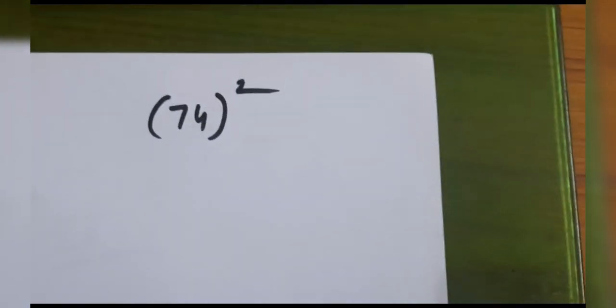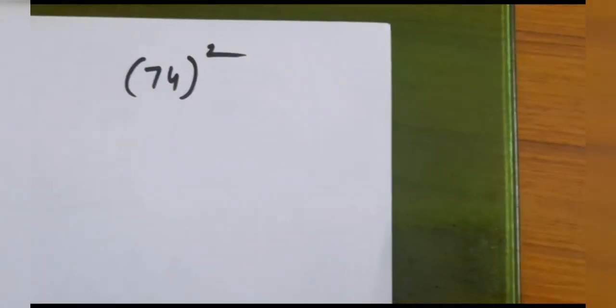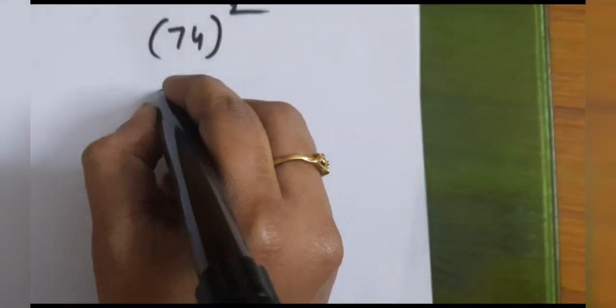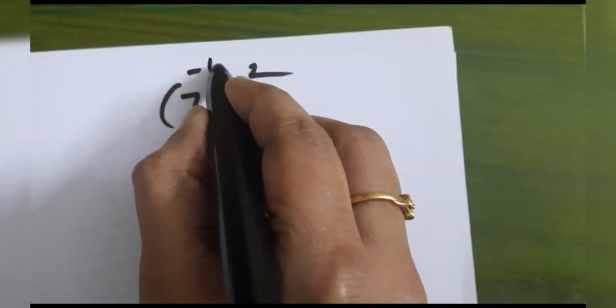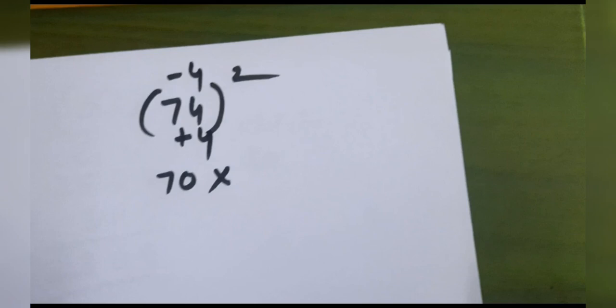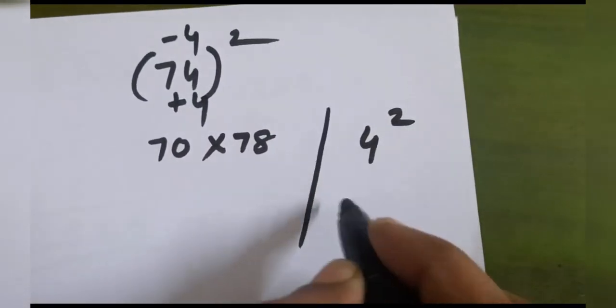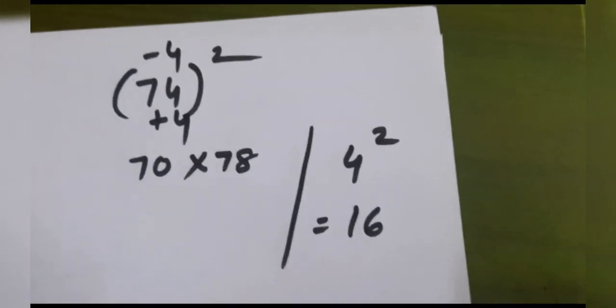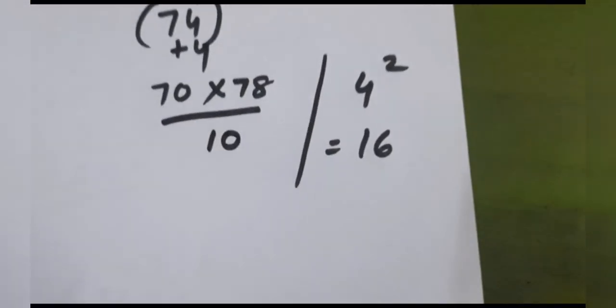So let's see an example of solving a 2-digit number with the same concept. 74. The nearest I can take is 70. To get 70, I have to minus 4. So now you have to do plus 4 here. It becomes 78. 4 square becomes 16. Since it is a 2-digit number, you have to divide it by 10.